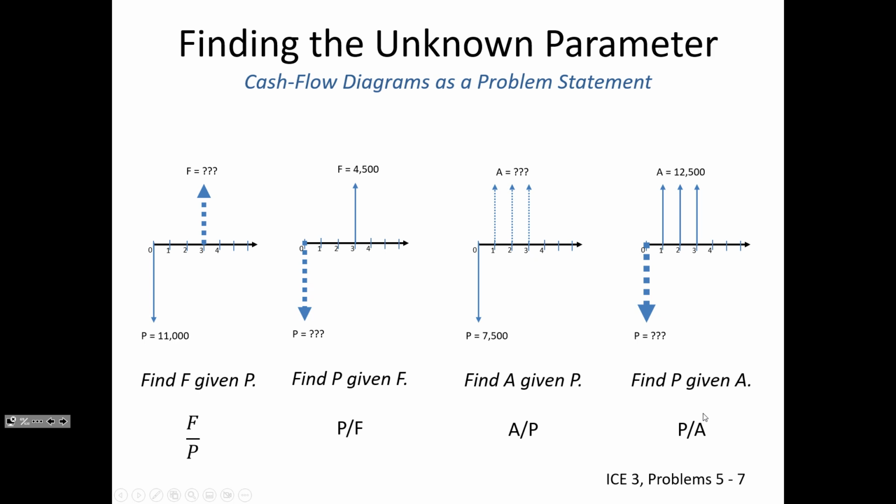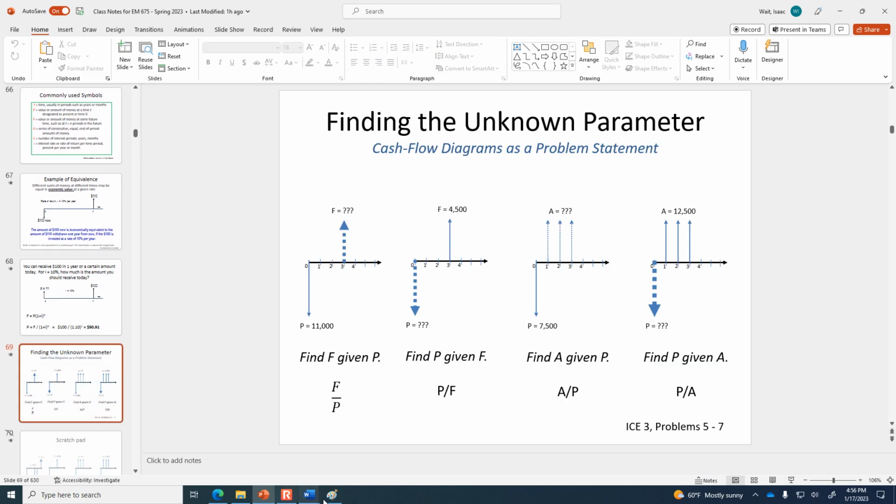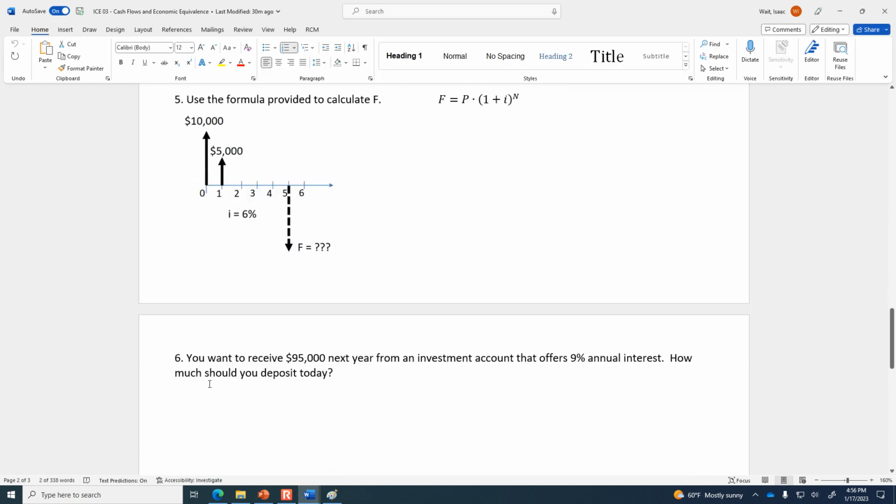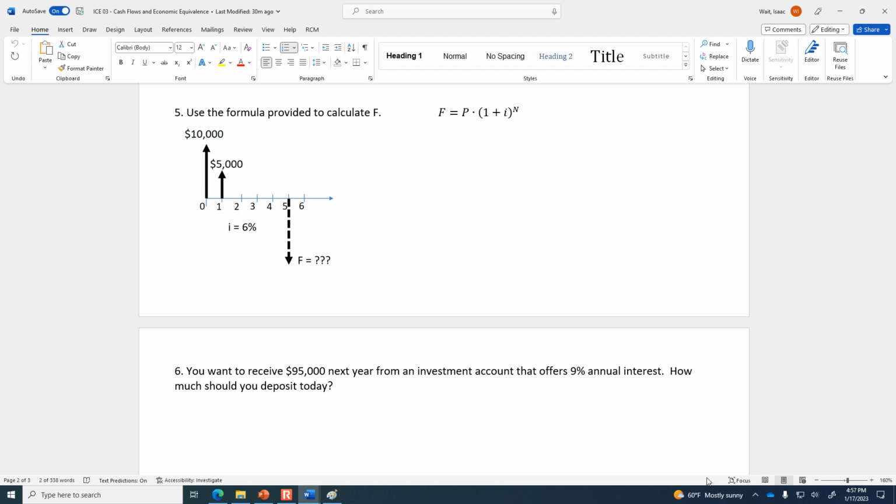All right, so now let's take a look at problems 5 through 7 in the in-class exercise. We're going to do some number crunching here. The first one is related to the last problem on your assignment. On the last homework problem, you've got a couple of different amounts that you're trying to find the lump sum equivalent of.